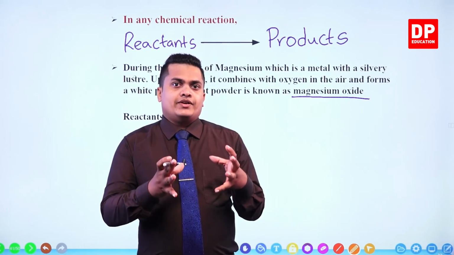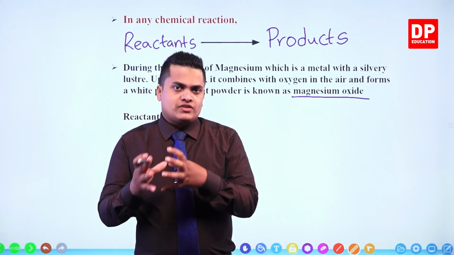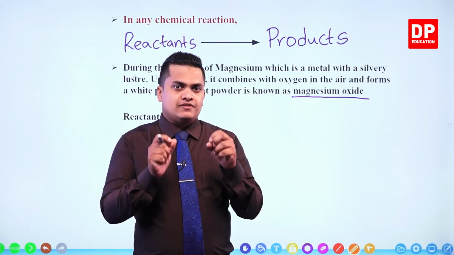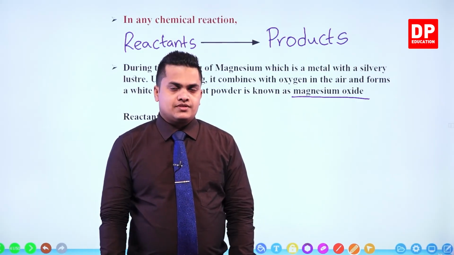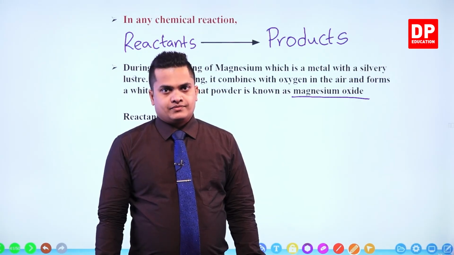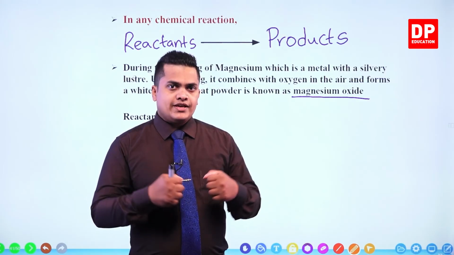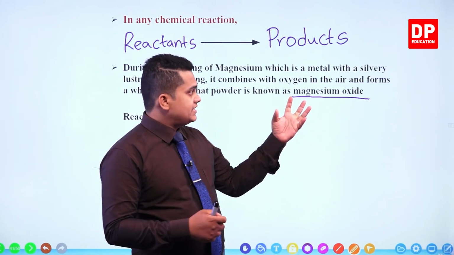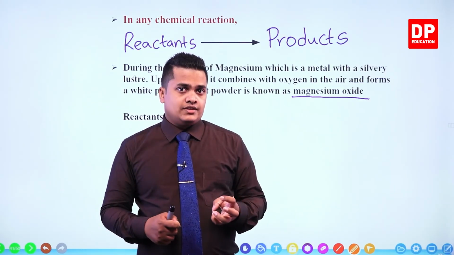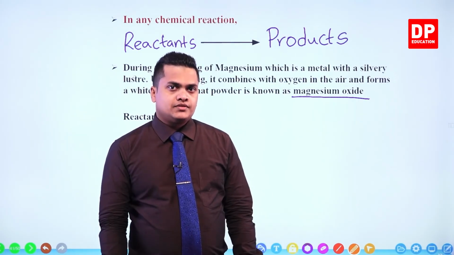So my dear children, magnesium and oxygen are the initial, first and foremost substances that we enter into the system. By the interaction, the magnesium oxide which is created is the new product.